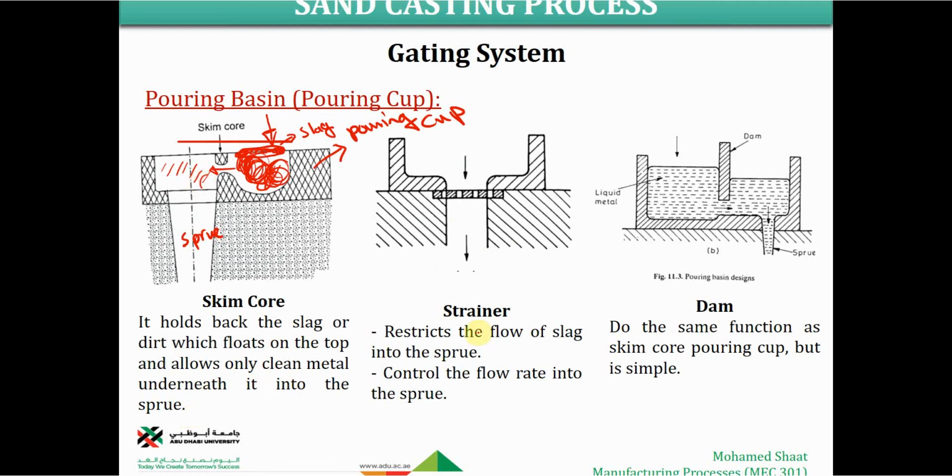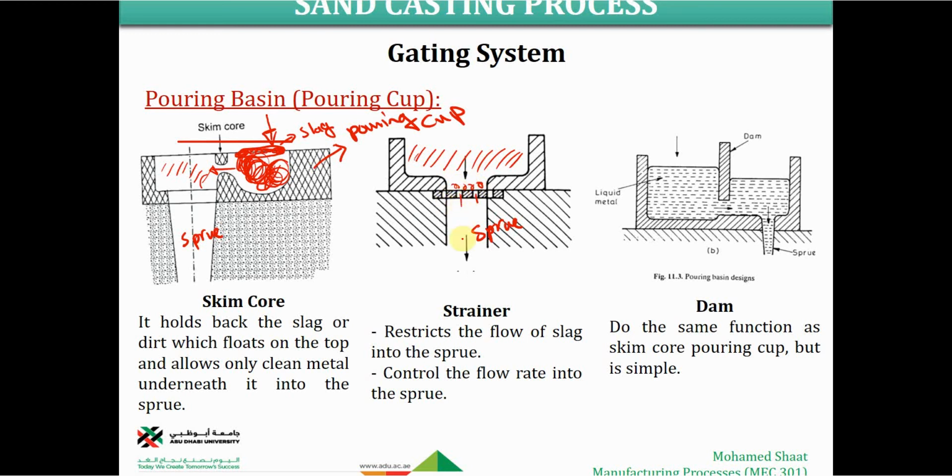Another option is to use strainers, like the strainer used in the water sink in your home, right? You put the strainer in the pouring cup and pour the molten metal, so the molten metal is filling everywhere. When the metal tries to come into the mold, through the down sprue, the molten metal goes through these openings, and only the pure metal passes through the openings of the strainer, and all the dirt is collected here.